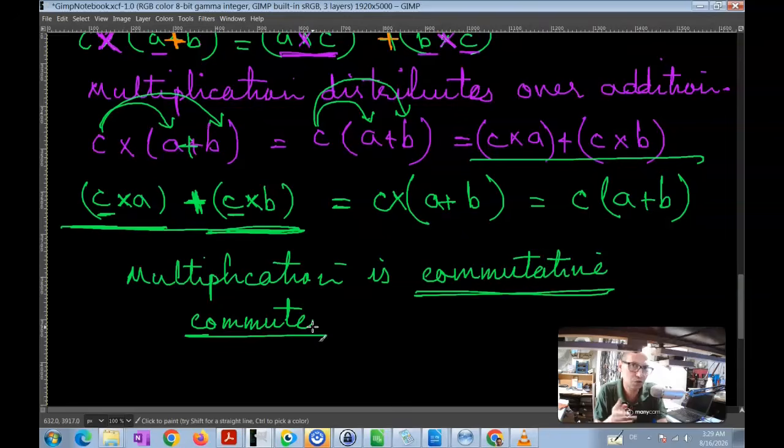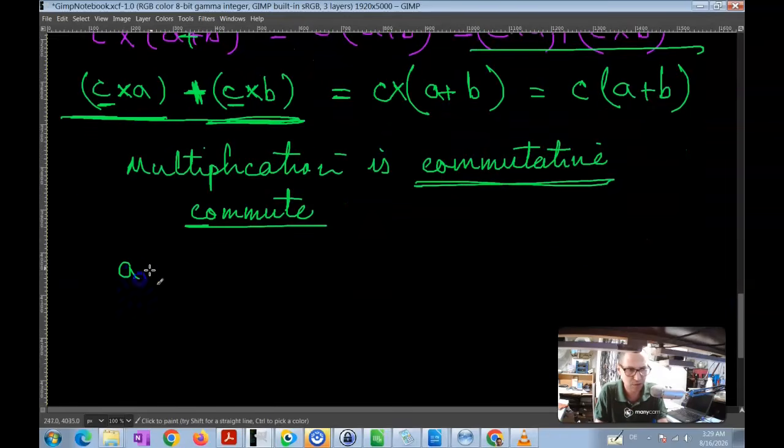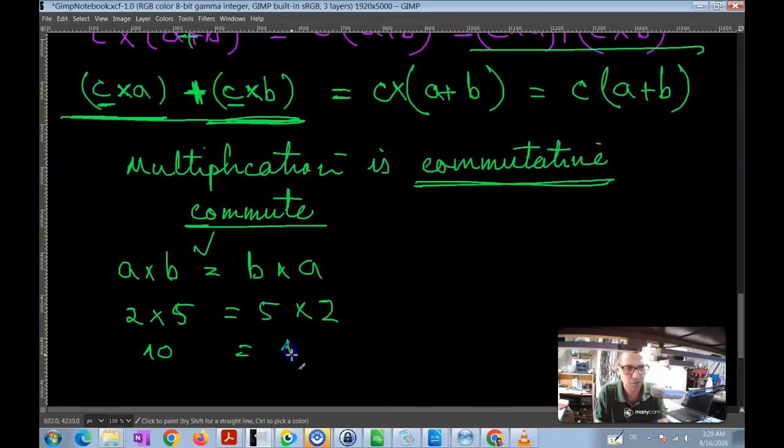Commute means you can swap the values, meaning that instead of saying a times b, you can say b times a, for example. It's going to be the same thing, meaning that instead of saying 2 times 5, you can say 5 times 2, and 2 times 5 is equal to 10, 5 times 2 is equal to 10, right? So that's another thing that we learned here, right?